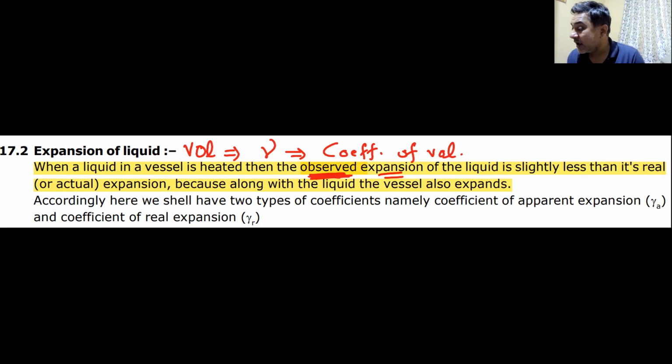And therefore, we have two coefficients of expansion. One is the coefficient of apparent expansion, and the other is the coefficient of real expansion. We have already seen the coefficient of real expansion. Now we will write the formula for the coefficient of apparent expansion. I'll give you 1 minute to note this down.